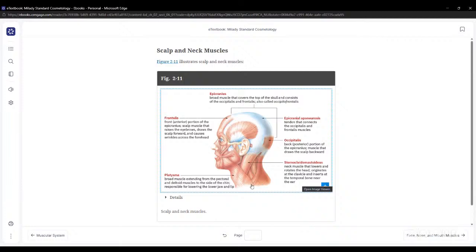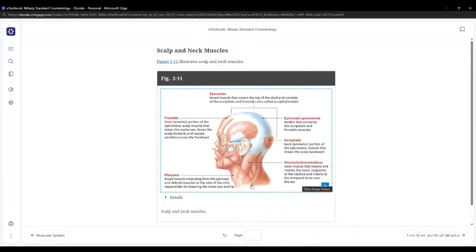Platysma, it's a broad muscle extending from the pectoral and deltoid area. So we're looking at a muscle like breast muscle and shoulder muscle that connects in the neck, okay? Under the chin.